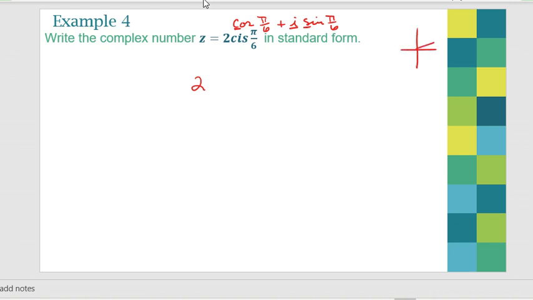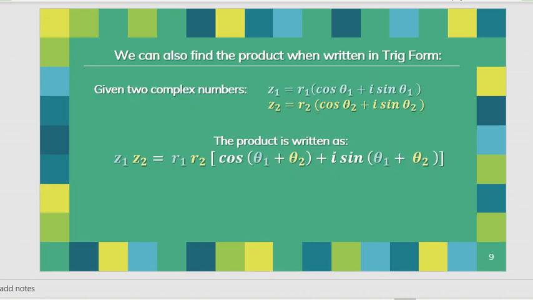That gets me in trouble. Pi over 6 is this guy. He's the square root of 3 over 2 and 1/2. So that would be 2 times square root of 3 over 2 plus 1/2 I. So distributing that, we're going to get square root of 3 plus I. Final answer. All you do is distribute.